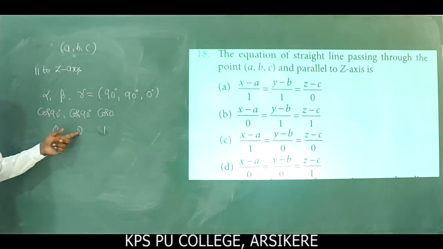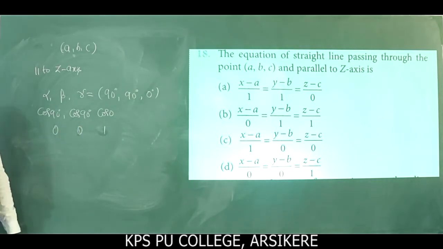So therefore 0, 0, 1 are the direction cosines.